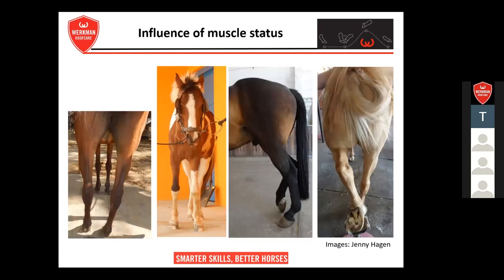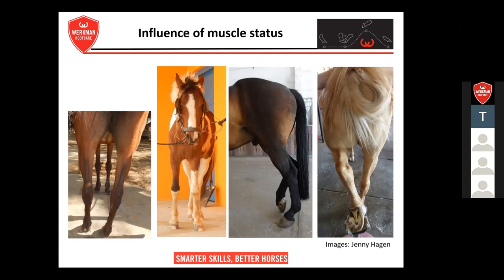This is also connected to the muscle status. So if you see, for example, horses that work very unilateral, so they are always bending in the same direction, or this carrying horse in the middle, or if you have patients with some muscle dysfunctions or tensions or pain, this definitely influences also how the hoof will land.